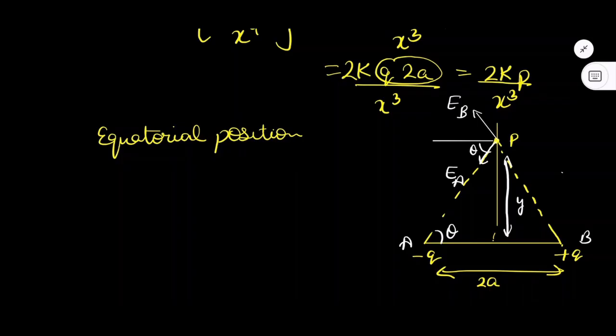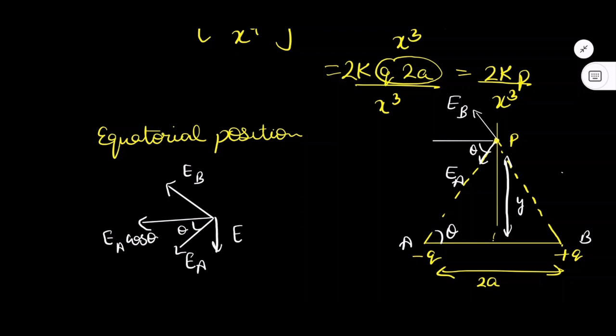Now we have a configuration in this way. This is the theta angle, this is the electric field due to A, and this is B. Now this component will be E_A cos theta, and if I make the components, this will be E_A sin theta.